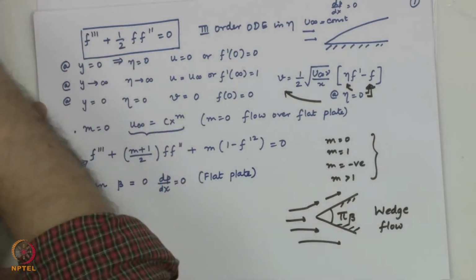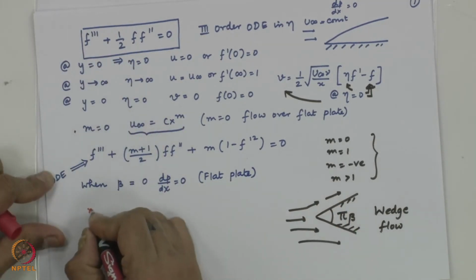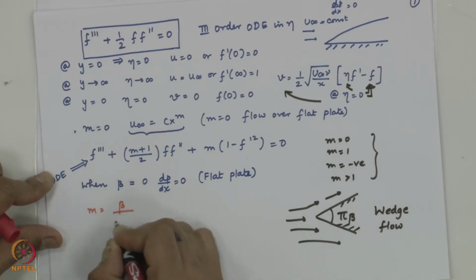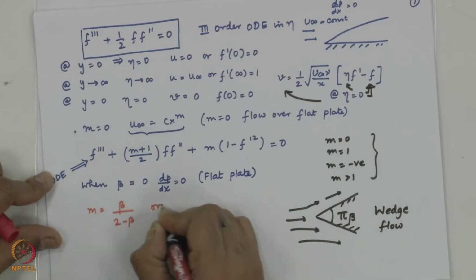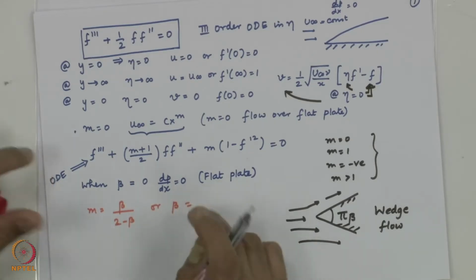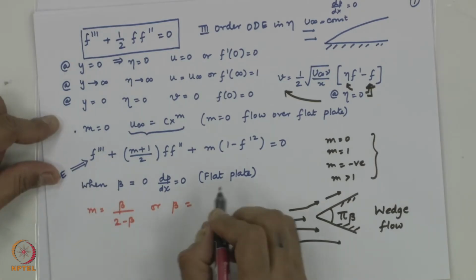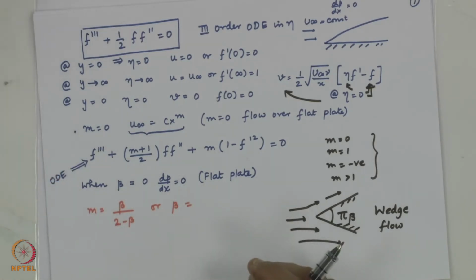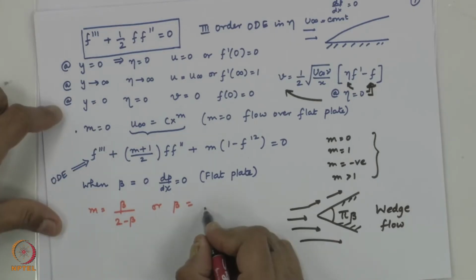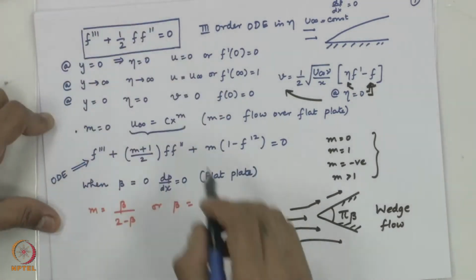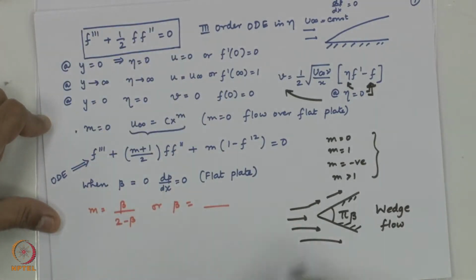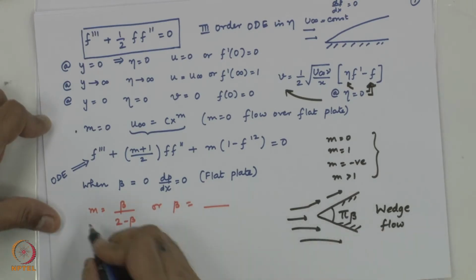Recall this definition, m we got as beta over 2 minus beta, or beta is equal to 2m by m plus 1. You got an expression for beta in terms of m. So, whatever way you use, you can write an expression for beta or m. When m equal to 0 or beta equal to 0, it represents flow over a flat plate.